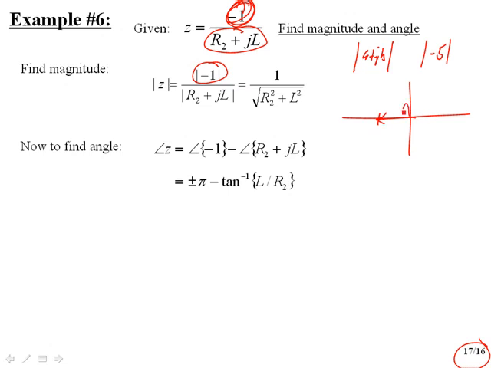The absolute value or magnitude of this is just how long that length is. It's equal to 1. So there's our 1. Use the standard square root of sum of squares in the denominator, and we now have a formula to see how the magnitude of this complex number depends on R2 and L.